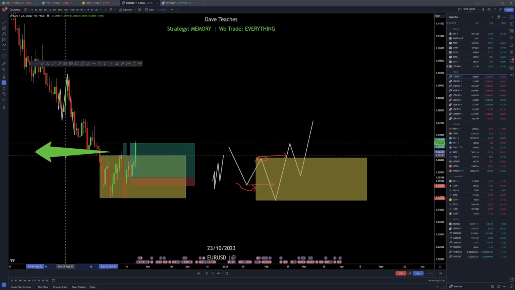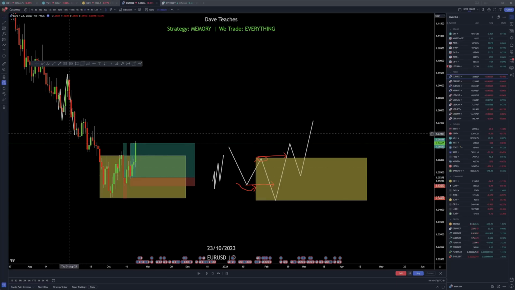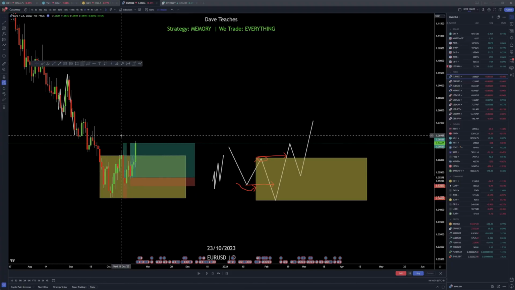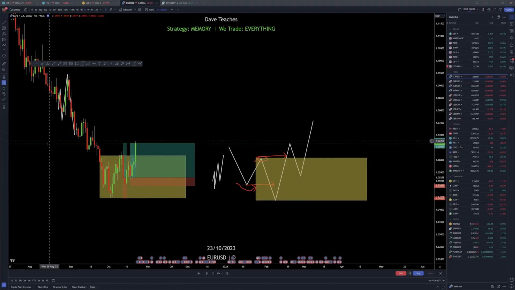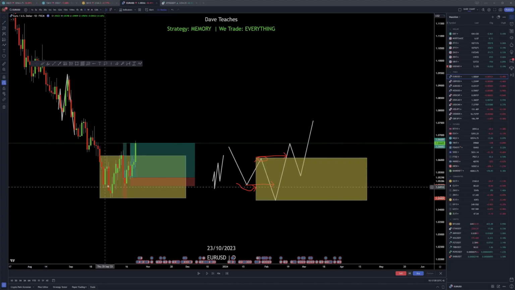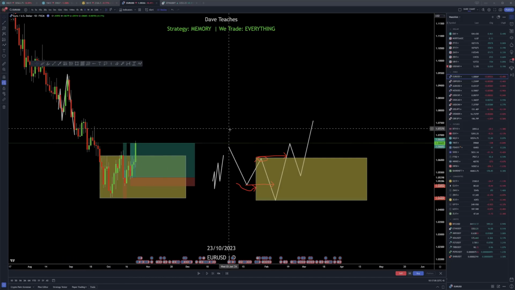So this doesn't change the fact that you have to follow structure going down until you get a flip. But as you're following structure on the way down, that flip needs to occur in what? A higher time frame zone, which was discussed in the market structure and the zones video. So I want you guys to pay attention to that.